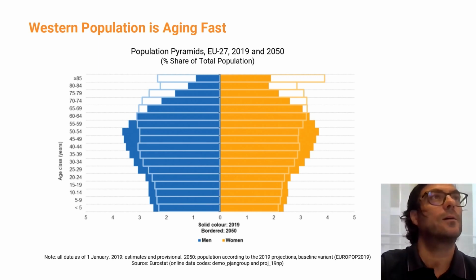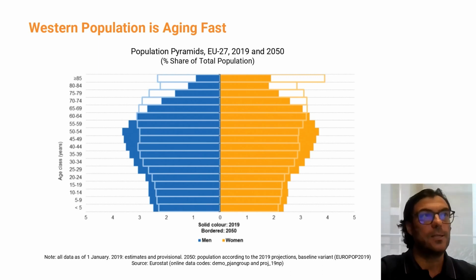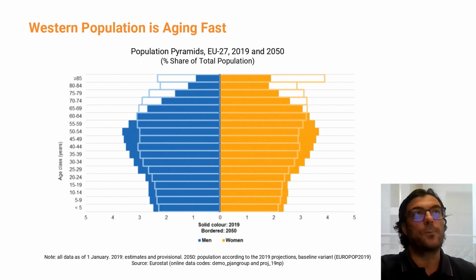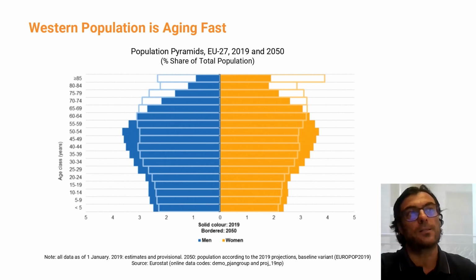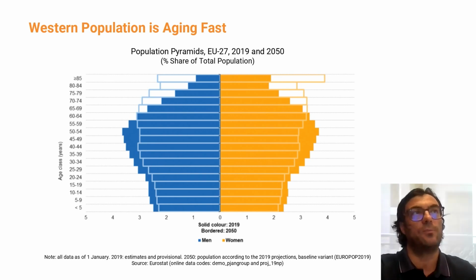Let me take a spotlight here. Oh, yeah, spotlight. You can really see this. Also the projections. The solid horizontal bars represent 2019. This is for the EU, the European Union, and if you want, the transparent bars represent where the population will be in 2050.